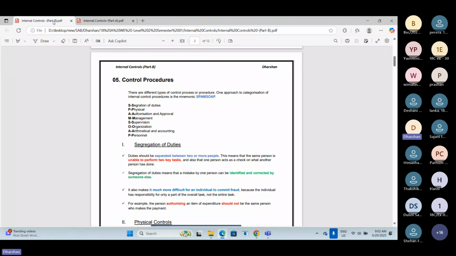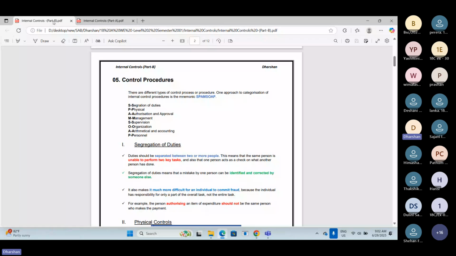When you implement controls in your organization, whether you are a finance manager, a responsible person, a board director, or the director of a company in future, you should know that whatever control you implement for your management team will be classified under one of these 8 control procedures.